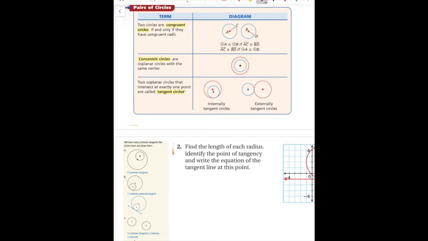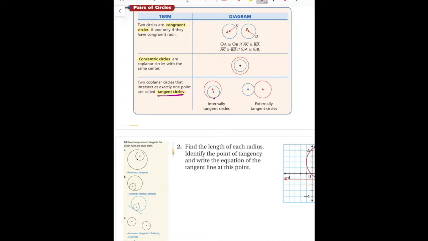Two coplanar circles that intersect at exactly one point are called tangent circles. How do you know they are tangent? Because they touch each other exactly at one point. There are two possibilities.